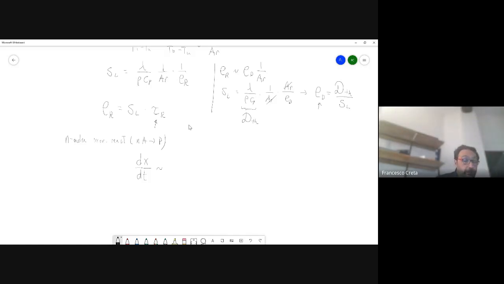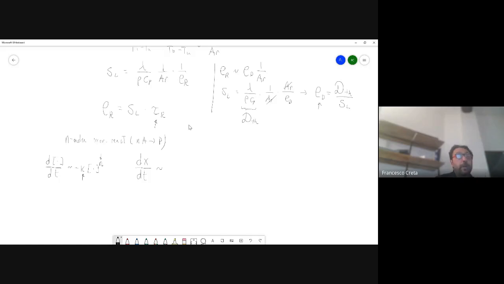so we know, wait a minute, let me start from the beginning. We know that the rate of change of the molar concentration will be essentially minus K times the molar concentration to the power of n, right? So n is the reaction order. K is the reaction constant, which contains all the dependence on temperature.